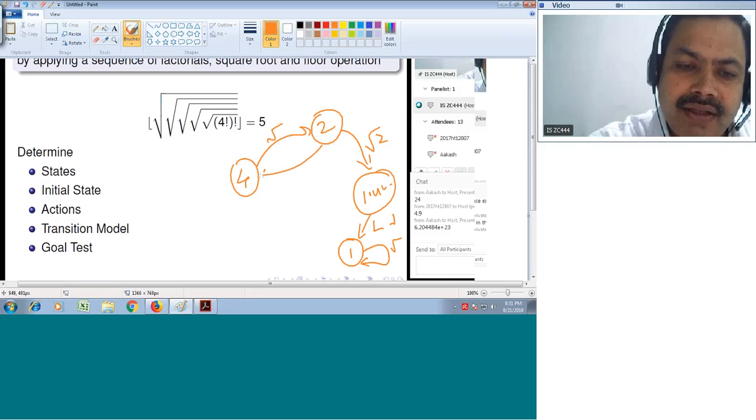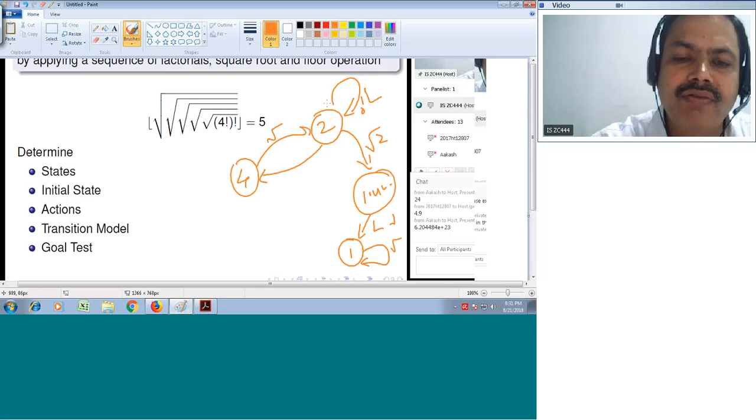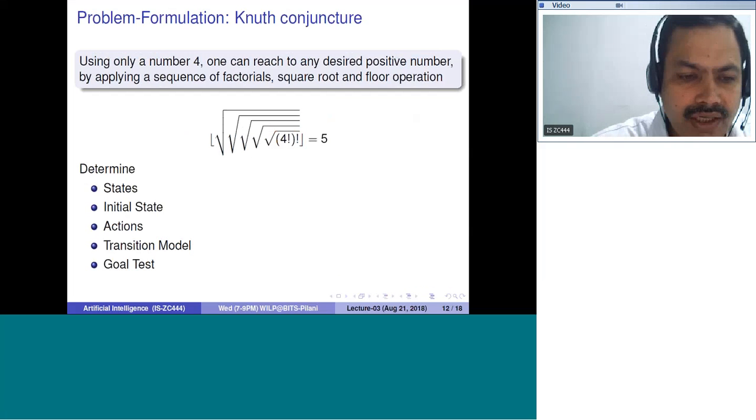You can apply factorial. Then factorial of 2 is 2, and factorial of 1 is also 1. So really you can build a lot of numbers. Okay, so that's clear. So you know the goal test. What is the goal? The goal would be specified, that I want to find the number 5.